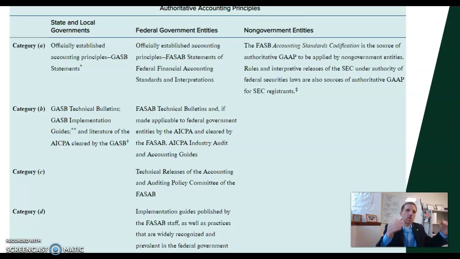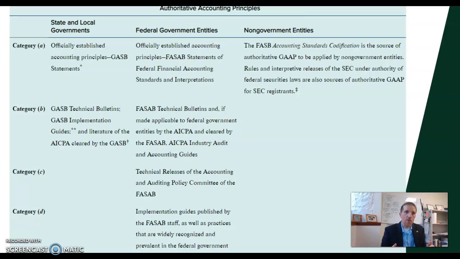And so then the Tier 2 level. What do we find there? We take one step down from the actual official accounting standards. What's the next level of guidance and help as we prepare financial statements? We have technical bulletins, implementation guides, and other literature from the AICPA for state and local governments. For federal governments, we have some technical bulletins and other interpretations.